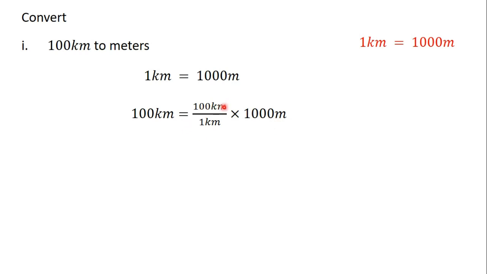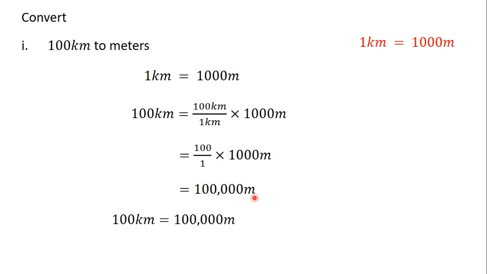So we have 100 kilometers divided by 1 kilometer times 1000 meters. Kilometer and kilometer will cancel out. We will have 100 divided by 1 times 1000 meters, and that will give us 100,000 meters. So if we convert 100 kilometers to meters, we will have 100,000 meters.